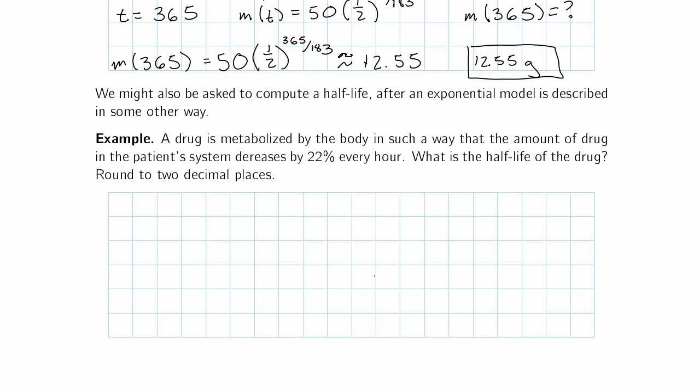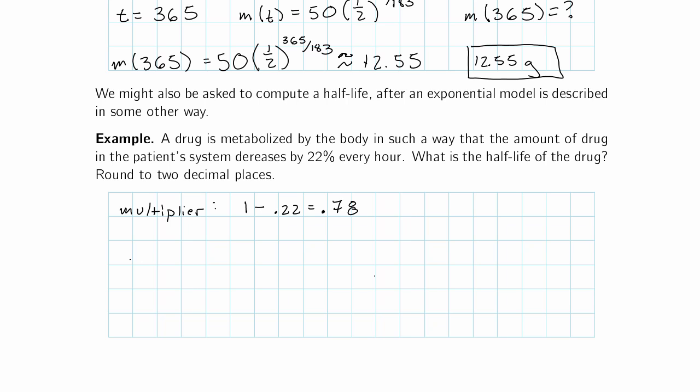We have decreasing by 22%. So our multiplier is going to be 1 minus 22%, so we get 0.78.